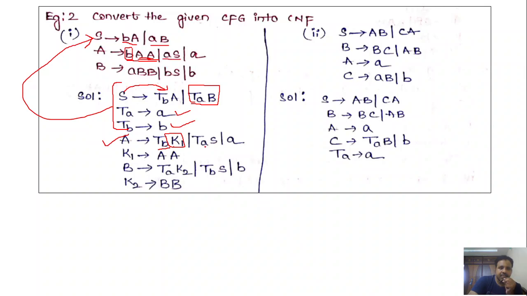So A will be replaced with TA, TAS. A denotes small a. No change is required here because it is already in CNF, right? So now what is this K1? K1 is nothing but A followed by A. Okay. TA denotes small a, we have already added, so no need to write that rule again and again. So it is in CNF, right?